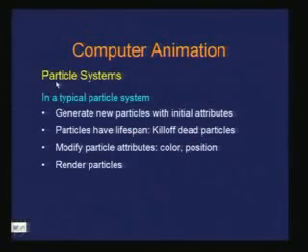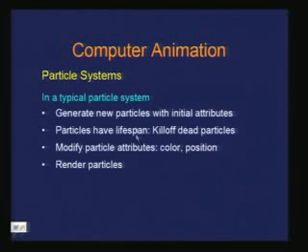So when we are dealing with these particle systems, in a typical particle system, you have a generation of particles. So you generate new particles with initial attributes, right? So we are going to look at what are these attributes, and these particles have a lifespan. Okay, so that means they die after a certain time, or they disappear. Right?